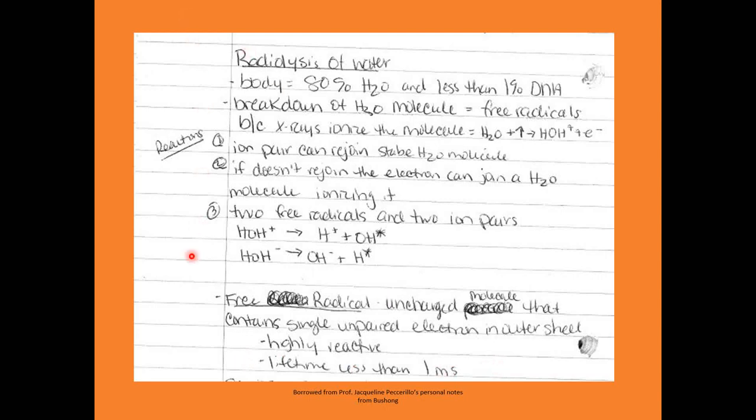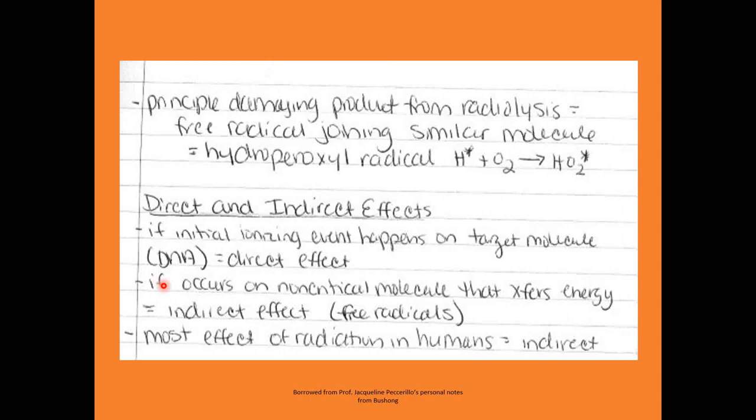So that's the breakdown of water in the body. This is usually how our indirect hits occur. And then we move on. So the principal damaging product from radiolysis is that hydrogen peroxyl that forms. So when the free radical joins a similar molecule, instead of H2O, you get H and O2, and it ends up being that hydrogen peroxyl, which is no good.